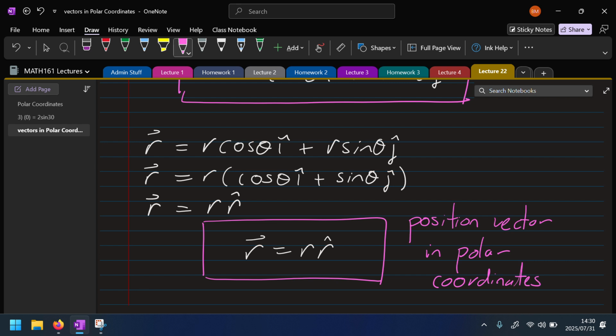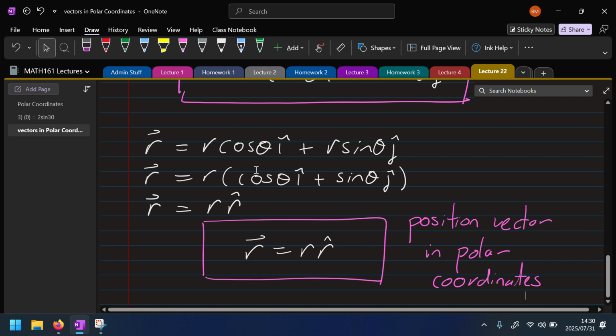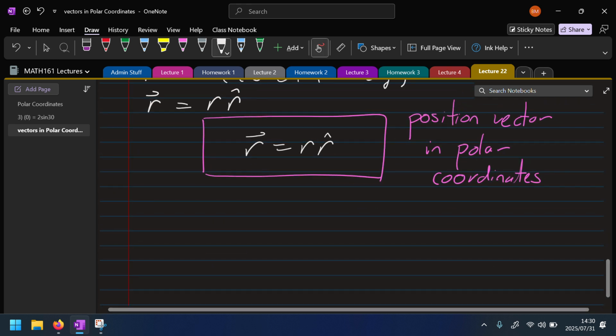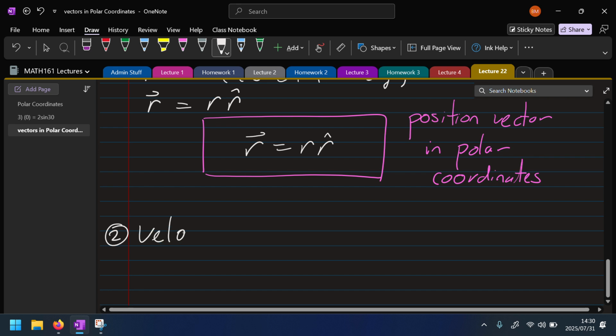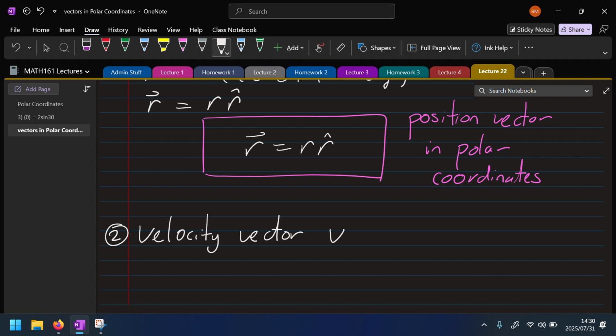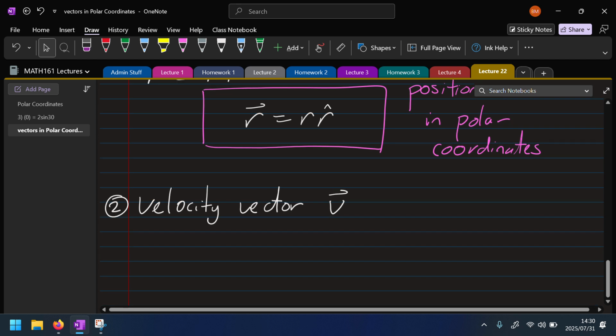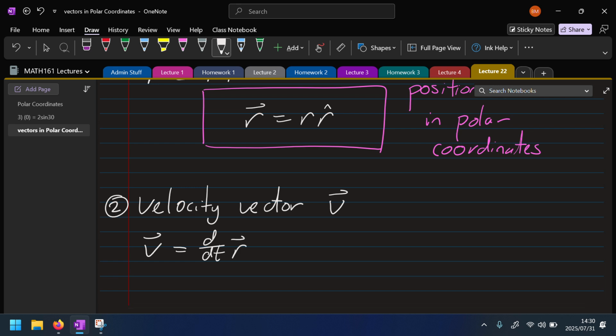Now let's have a look at the velocity vector. The velocity vector is just going to be the time derivative of the position vector. That's standard stuff.